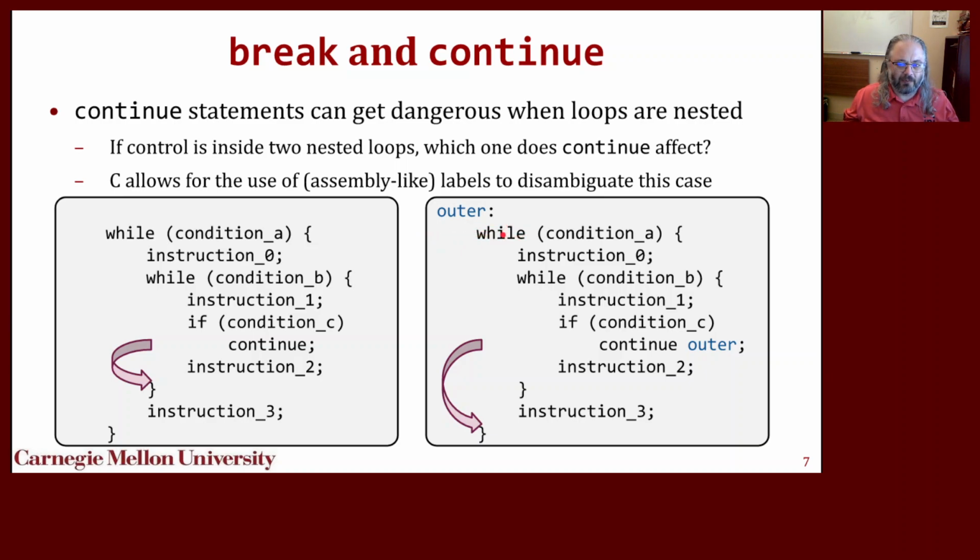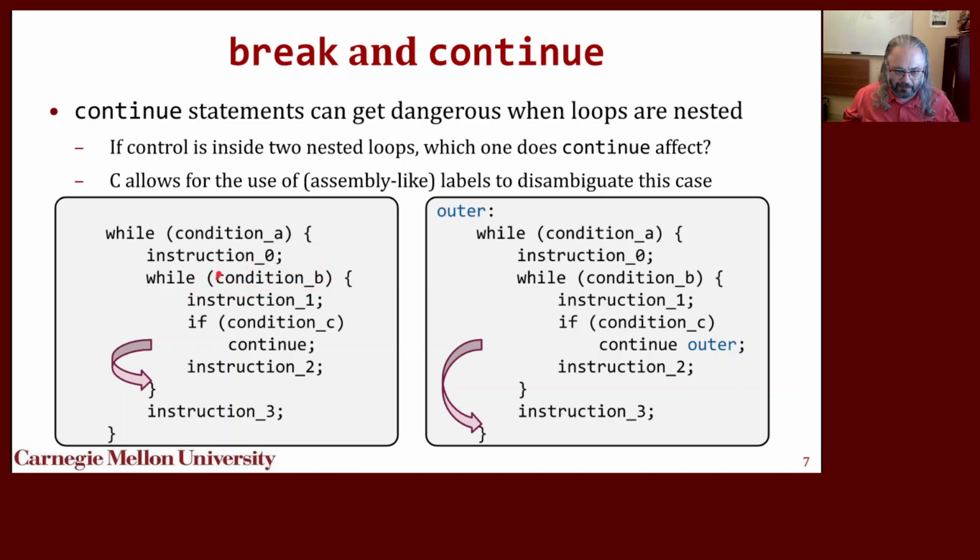So now, the reason that this disambiguates the two cases we were talking about is if we just say continue, what this will do is it will continue the innermost while loop, which means control changes to the end of the innermost while loop, and the innermost while loop continues executing.